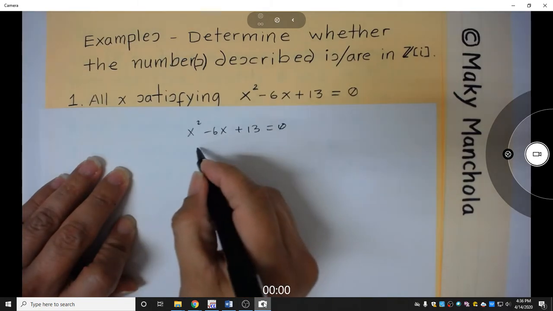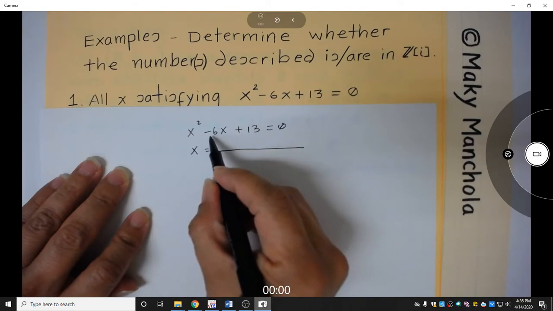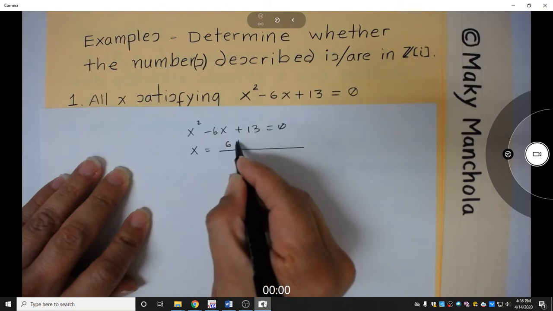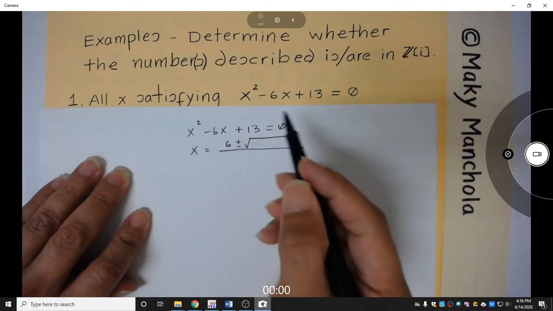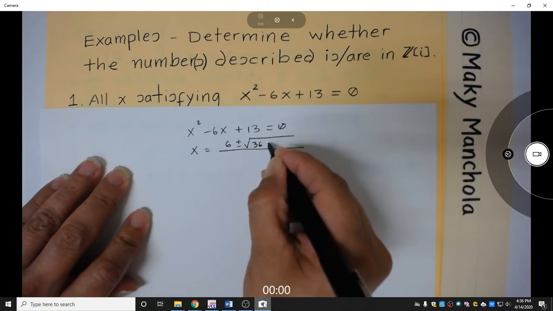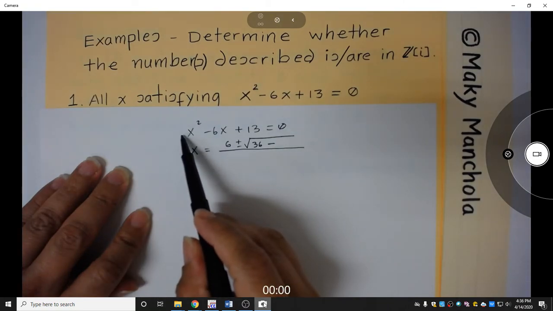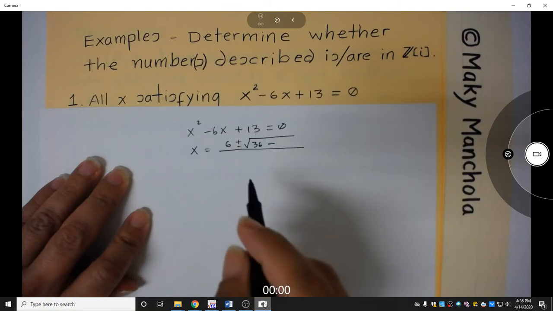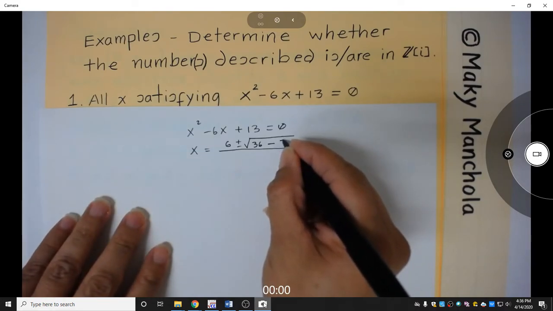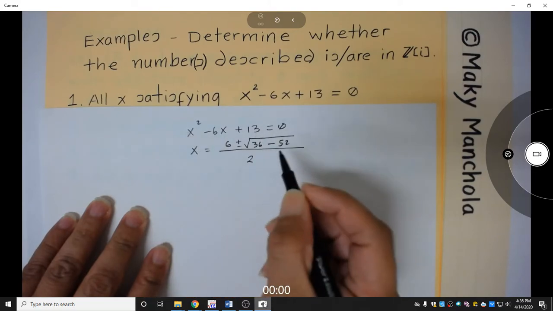We can use the quadratic formula here. x equals the opposite of b, which is the negative of negative 6, which is 6, plus or minus the square root of b squared, in this case negative 6 squared, which is 36, minus 4 times a times c. A in this case is 1, c is 13. So it's minus 4 times 13, which is 52. All over 2 times a, in other words, 2 times 1.